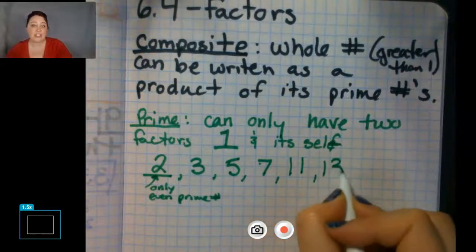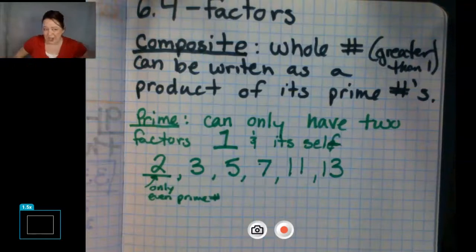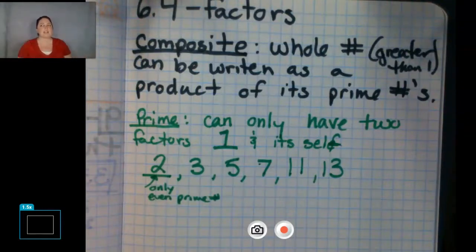Now, when we're dealing with the math that we're going to see in 5th grade, those are the ones we typically are going to see: 2, 3, 5s, 7s, 11s, 13s, and you want to break down your number until you get one of those.